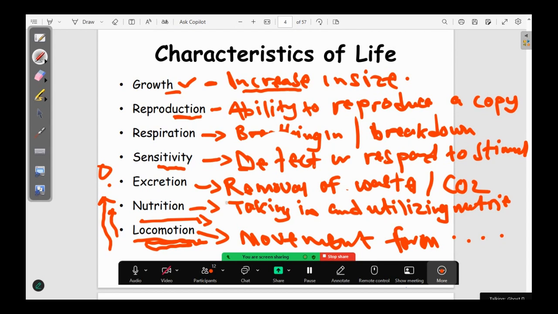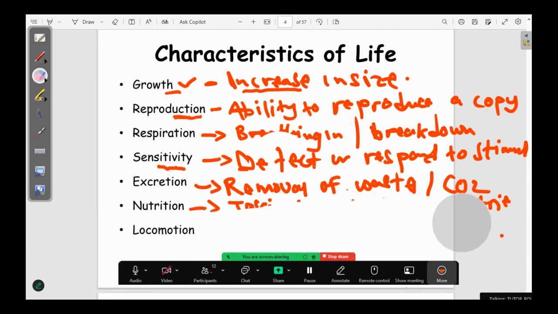The answer is there is none which is more important than the other. We need them all. These 7 are equally important, because if one of them is not there, then that will not be considered as life.